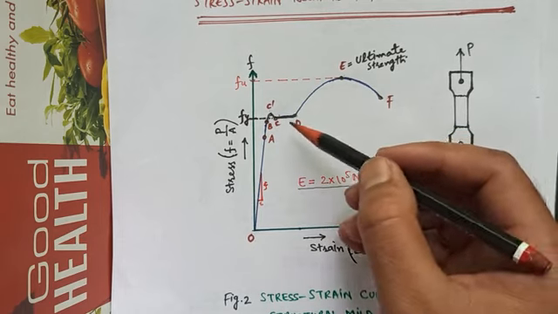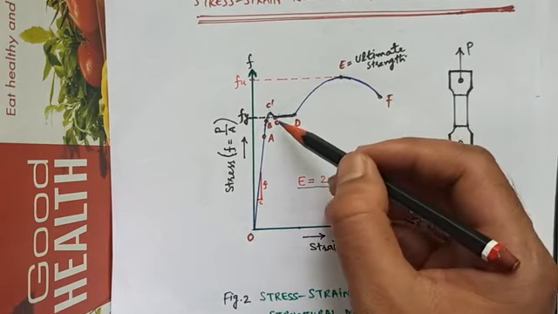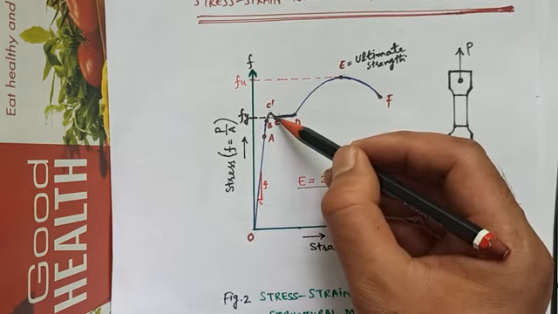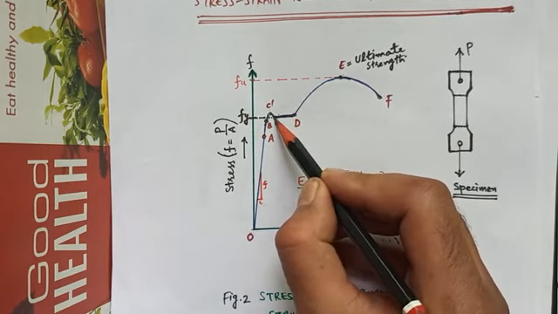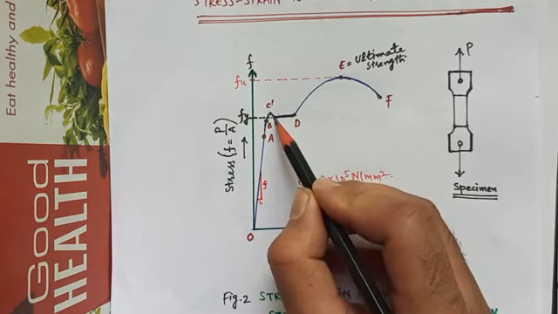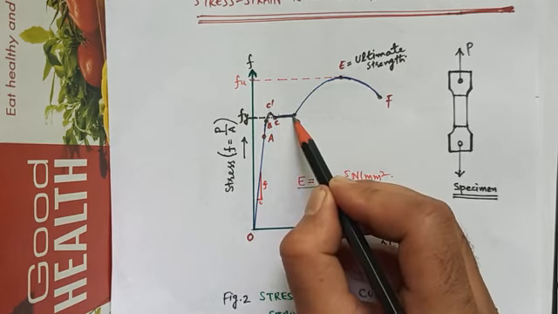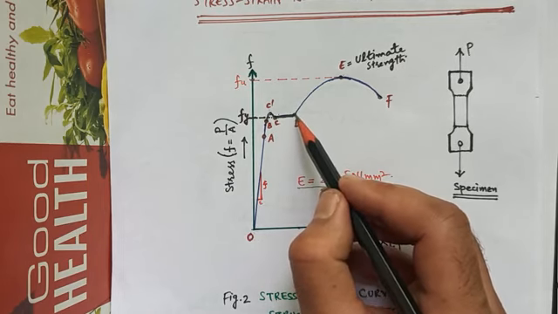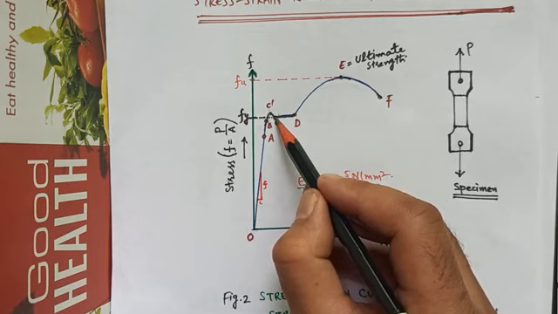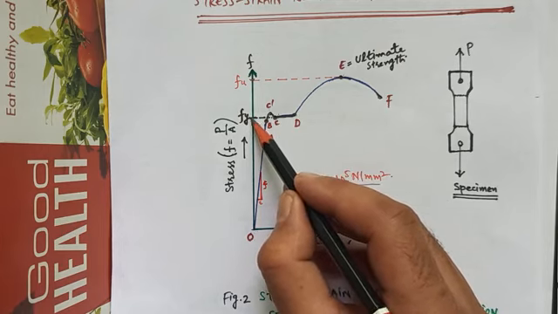Hence, it has no practical importance. Point C represents the yield point at which there is a definite increase in strain without any further increase in stress. The stress corresponding to the lower yield point C is thus the yield stress denoted by Fy.